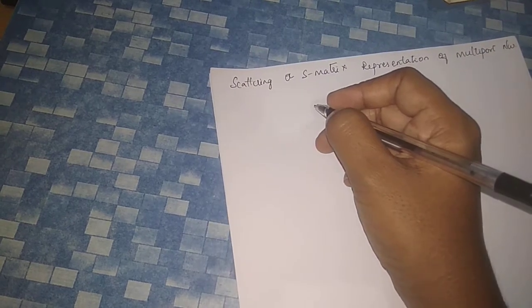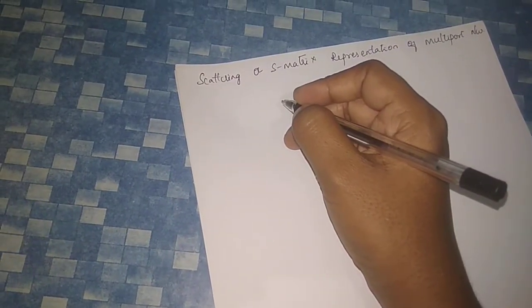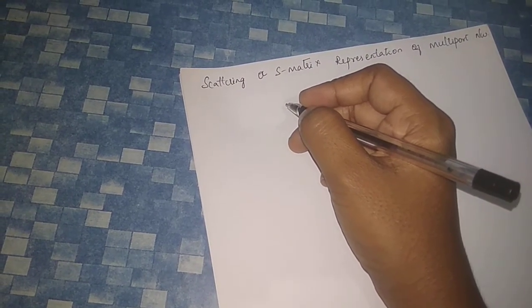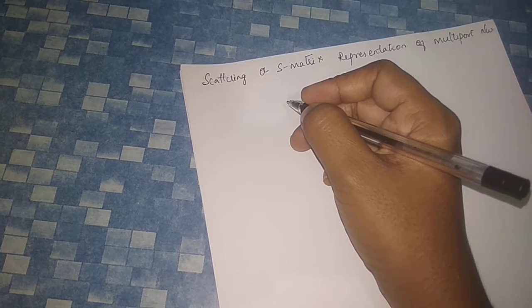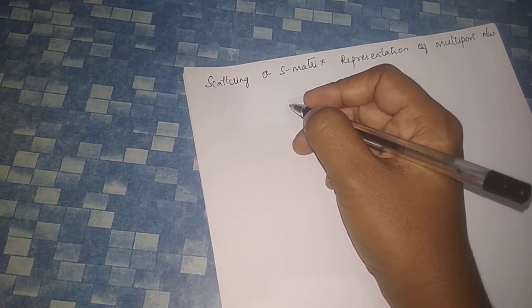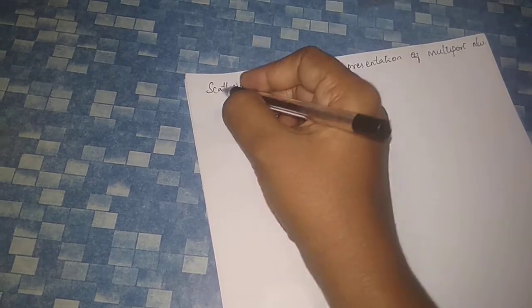So the amplitudes are normalized in such a way that the square of any of these variables gives you the average power in that wave. So to define this, we are considering the reciprocal network.